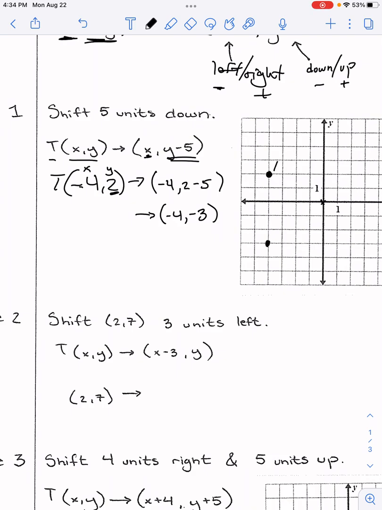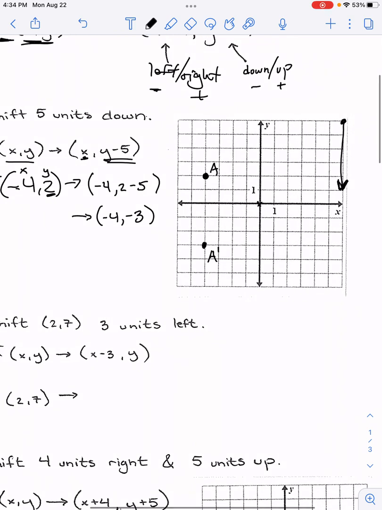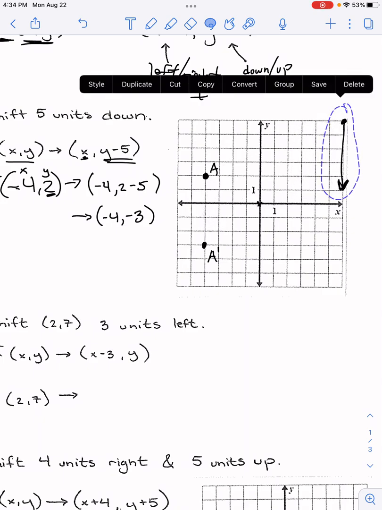Let's say that this point was A, going 3 down. This is now A prime. And if we look at our arrow here, we should see that we moved down. Yeah, we moved just about down 5 units. So that's just further proving, if we plug in a point, same thing. If I just take A and I just count down, perfectly fine.